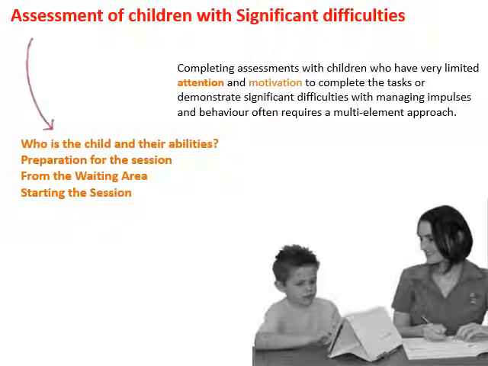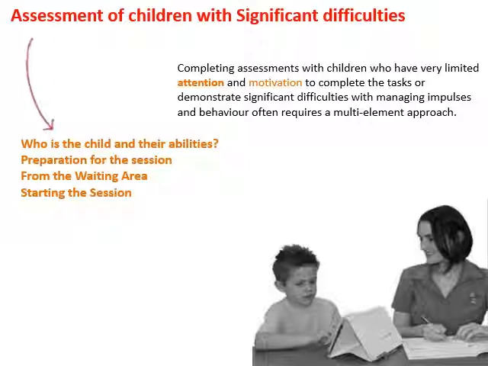Fundamentally, what this all results in or focuses in on is that when we are doing assessments of children who potentially have very significant difficulties with the language, communication, attention, being able to do tasks, cognitive, along with their social behavior and their activities of daily living skill and coordination, we have children who have significant difficulties, particularly with attention and motivation.